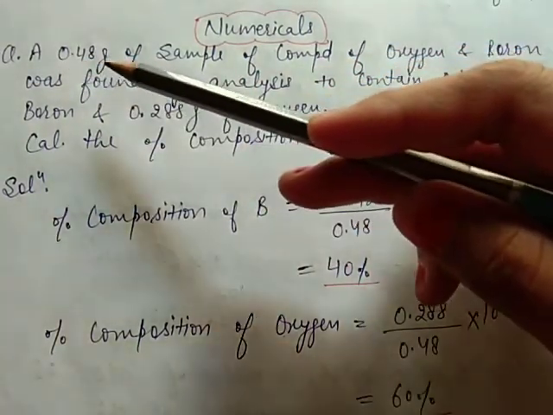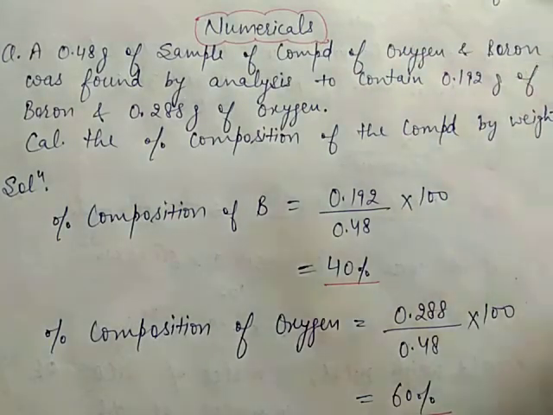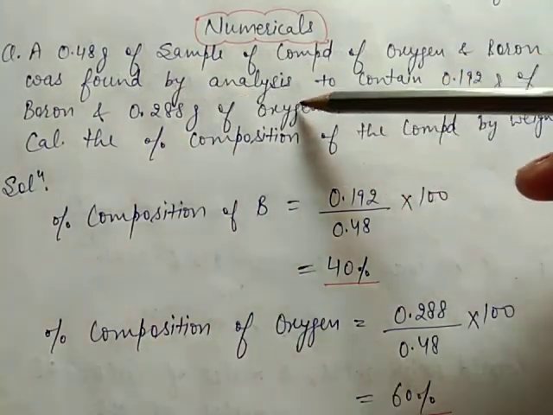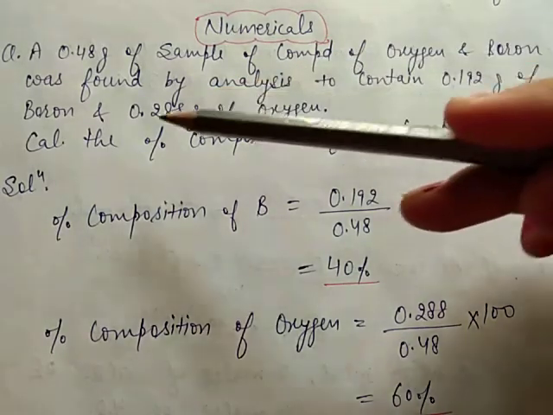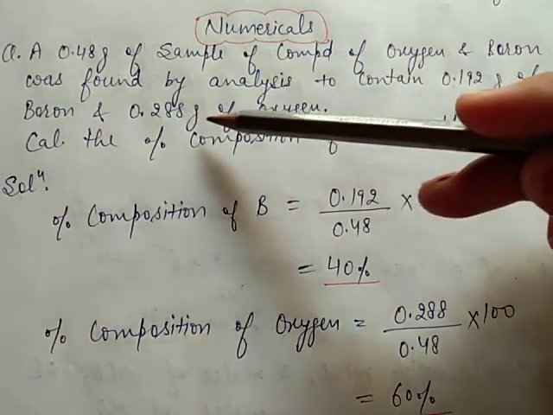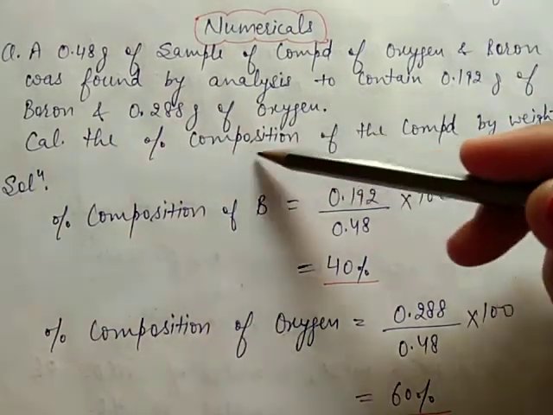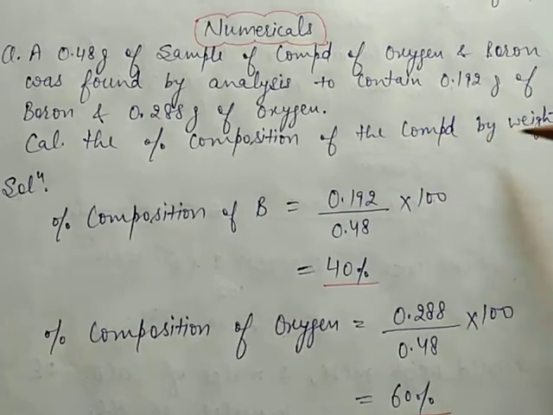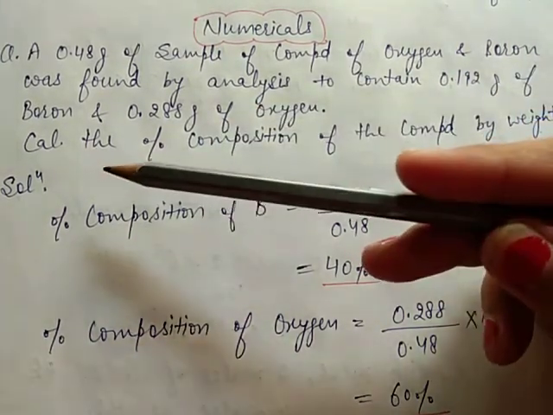Like this, a 0.48 gram sample of a compound of oxygen and boron was found by analysis to contain 0.192 gram of boron and 0.288 gram of oxygen. Calculate the percentage composition of compound by weight. Then what is the solution of this?